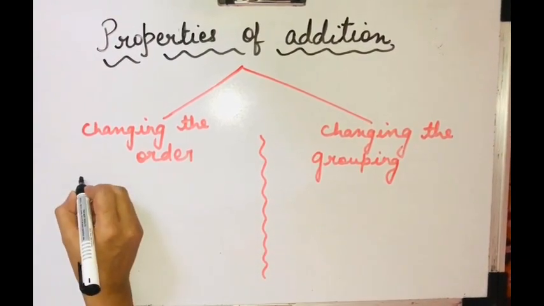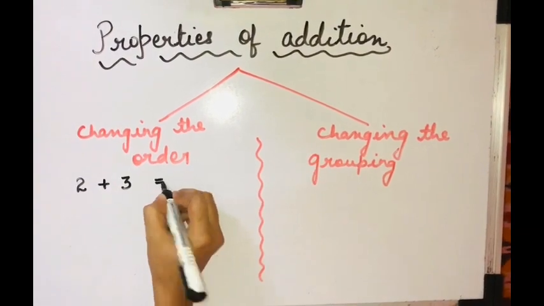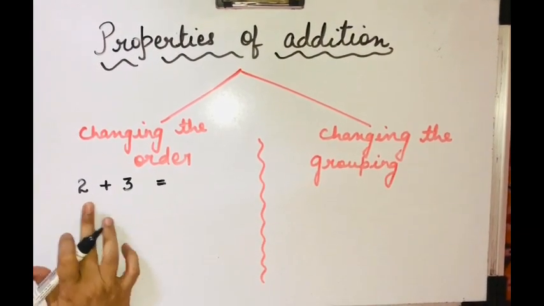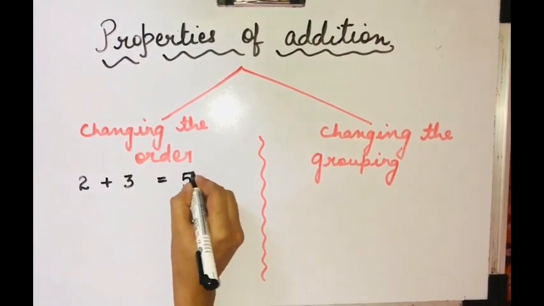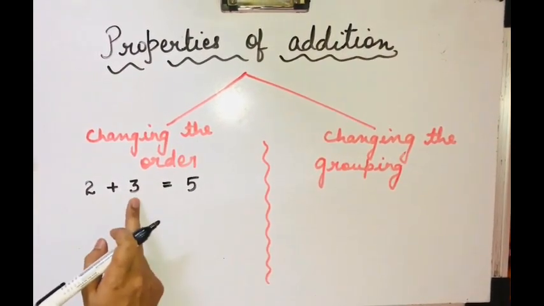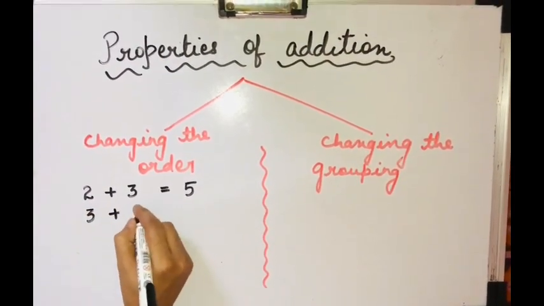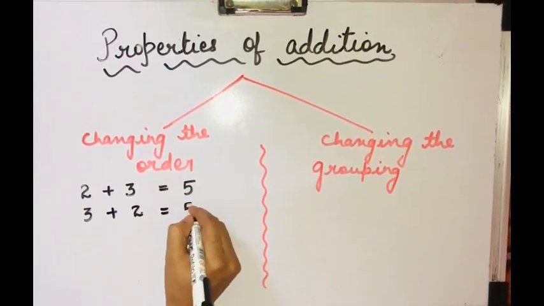For example, there are two numbers, 2 plus 3. We are adding these two numbers. So 2 plus 3 we know is 5. Changing the order property means if we change the place of these two numbers, that is we take 3 this side and 2 this side, the answer does not change.